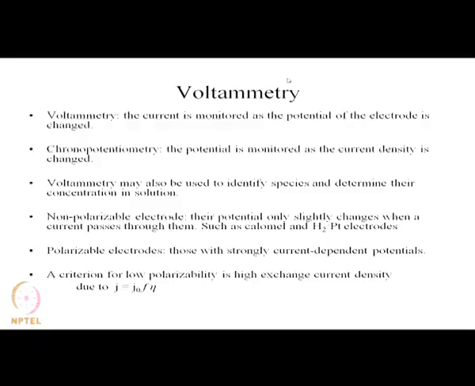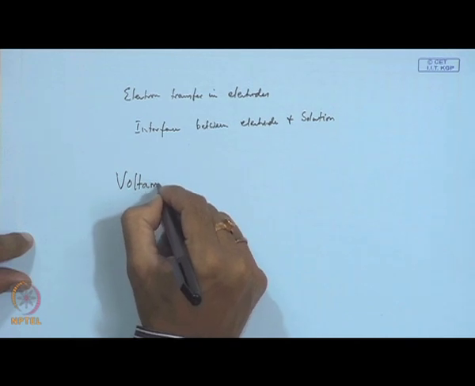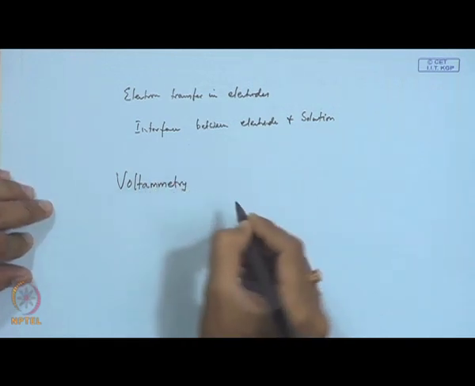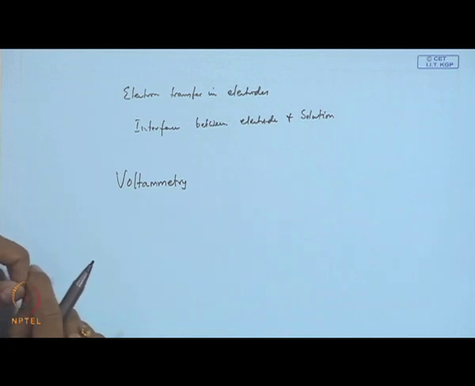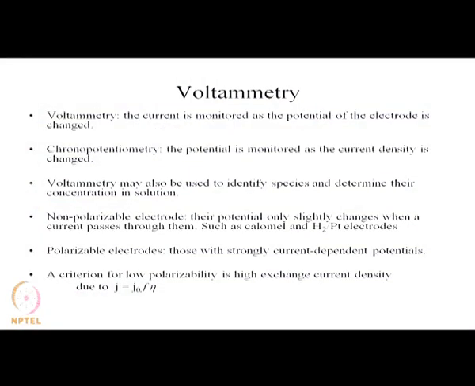Today we will start with another very important topic in connection with kinetics at electrodes: voltammetry. In voltammetry, current is monitored as the potential of the electrode is changed. In chronopotentiometry, potential is monitored as the current density is altered.